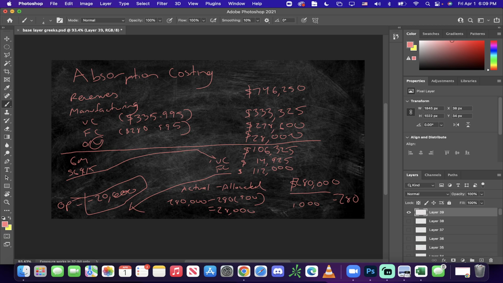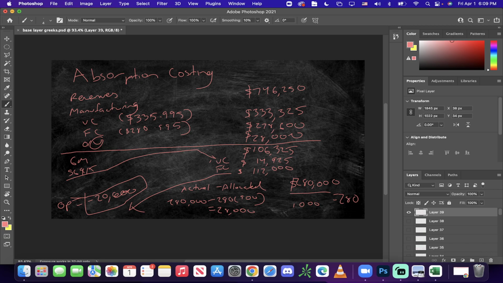From the problem we just did before, the over-under was the actual manufacturing fixed cost minus the manufacturing fixed costs over the 1,000 times the units produced. Yep. Okay.